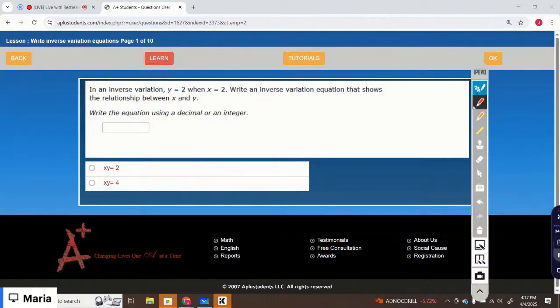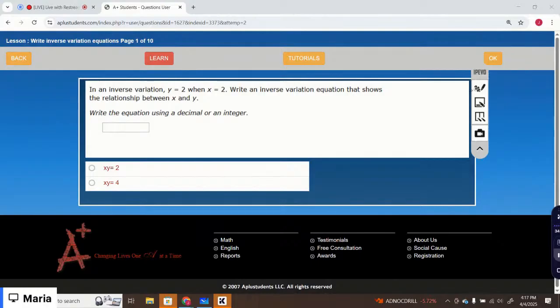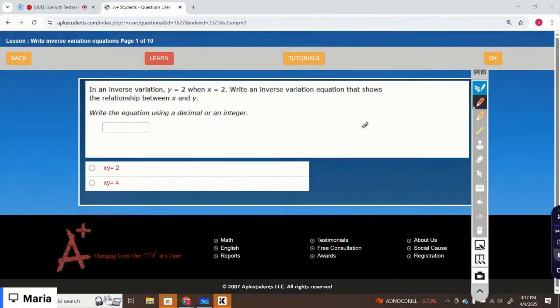So let's just calculate the k. K equals xy. X is 2, y is 2, 2 times 2 is 4. Now the equation is y equals k over x, that is 4 over x.